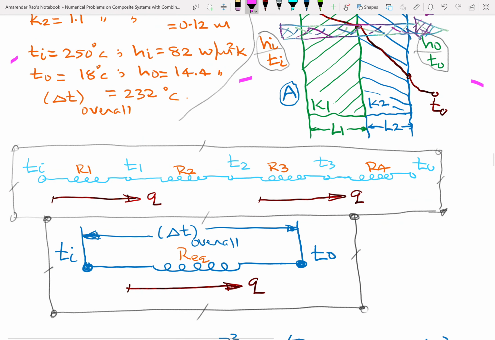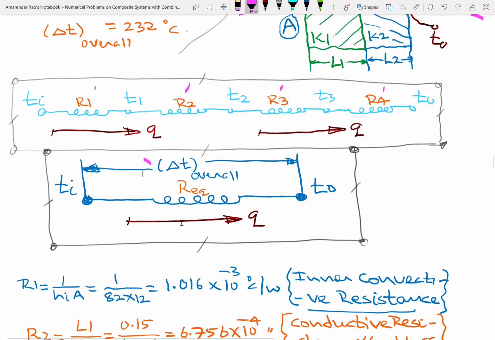Then you can draw the corresponding circuit diagram involving four resistances: inner convective resistance, conductive resistance offered by steel, conductive resistance offered by cement, outer convective resistance. Since heat transfer is taking place one after the other, all these resistances are going to be in series. Then combine them together to get R equivalent, which is going to operate across the del T overall.